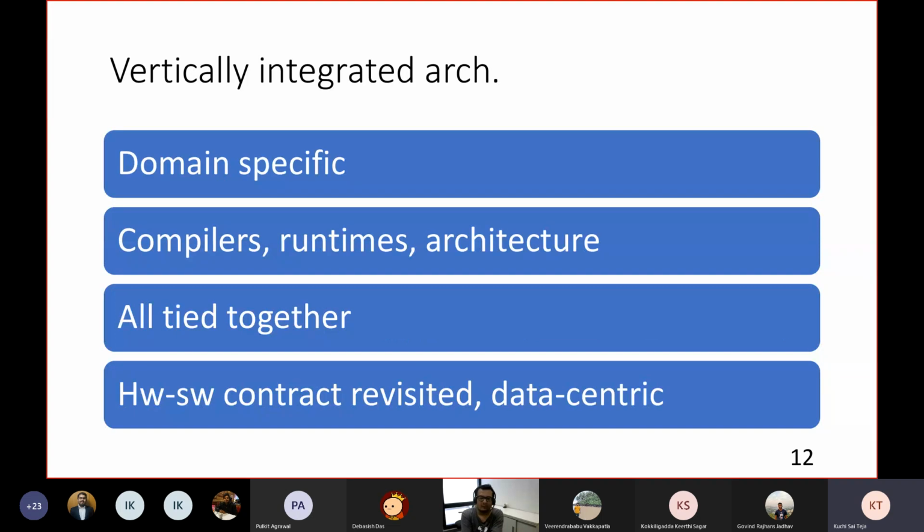The second thing that has already started happening, and we have looked at a few papers in this course: instead of a horizontal approach where we try to get more and more performance, architecture is becoming a vertically integrated research area. You build application specific or domain specific architectures, but at the same time you design them by talking to folks who are working on compilers, runtime, and other things.